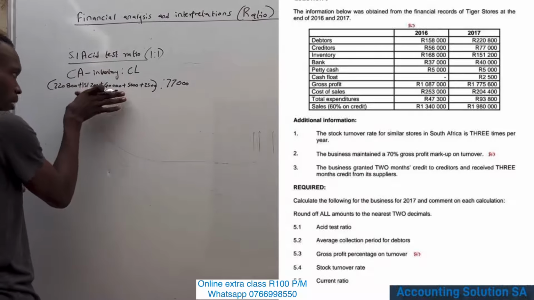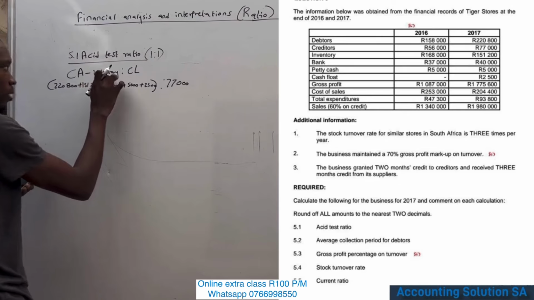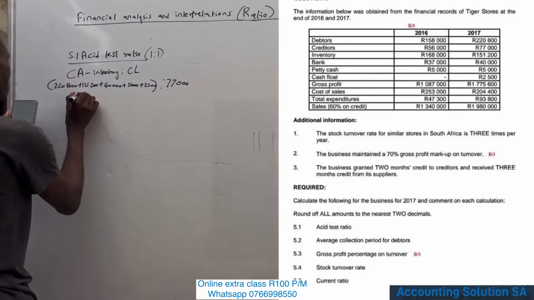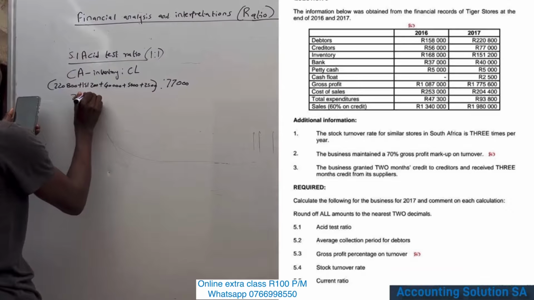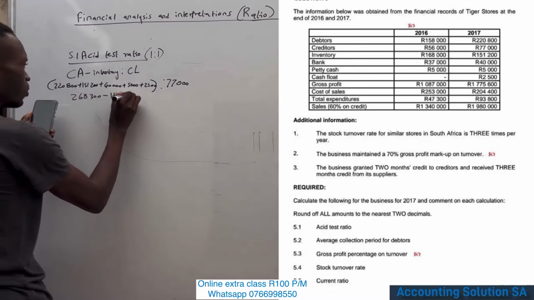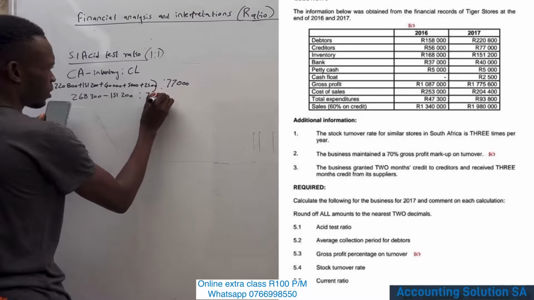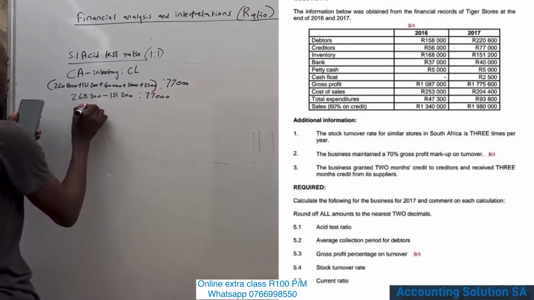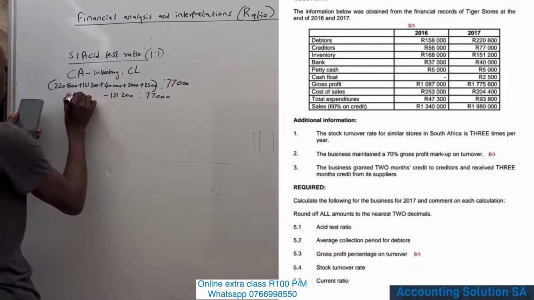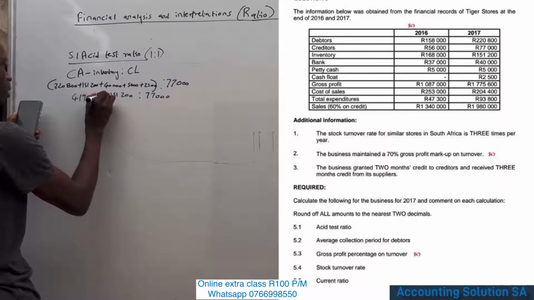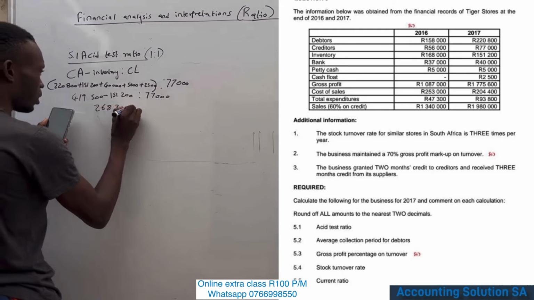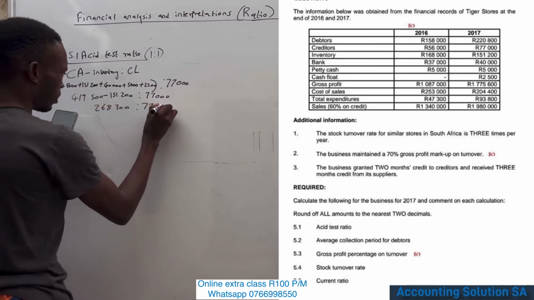Okay, then remember, after you add this, you have to subtract what? Inventory. If you add all this, you are going to get an amount of 419,500. Then you minus inventory, 151,200, and you get 268,300, over 77,000.